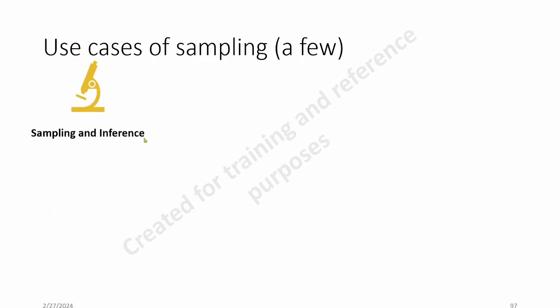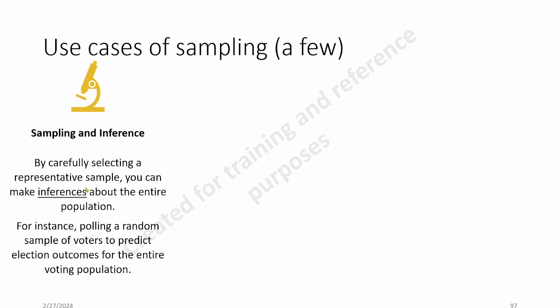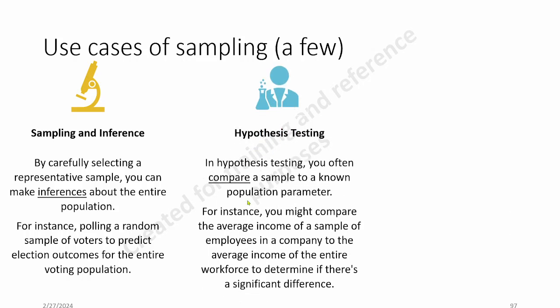In sampling and inference projects, you may want to establish some conclusion based on some samples, or conduct hypothesis testing. Again, the usage of samples is very useful. Or you want to do market research, and based on some samples, you can establish a hypothesis about the bigger population.